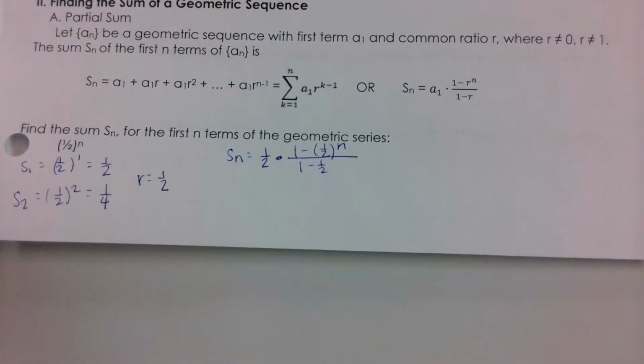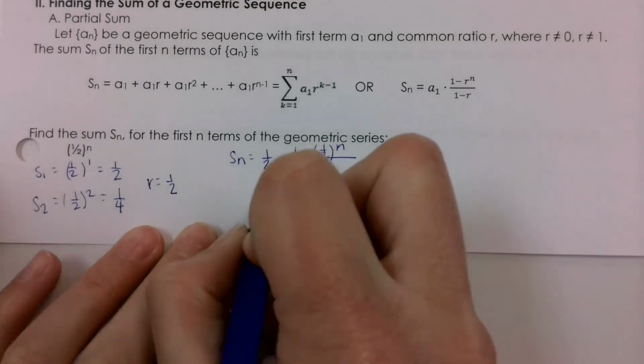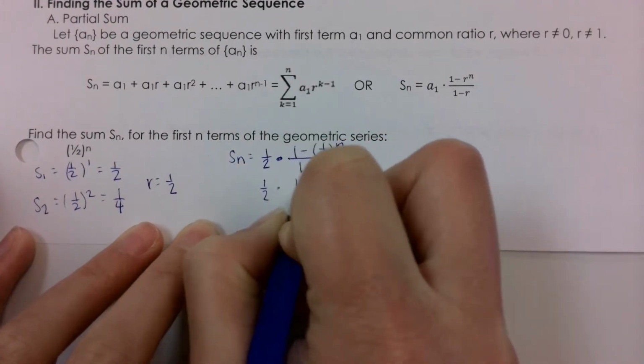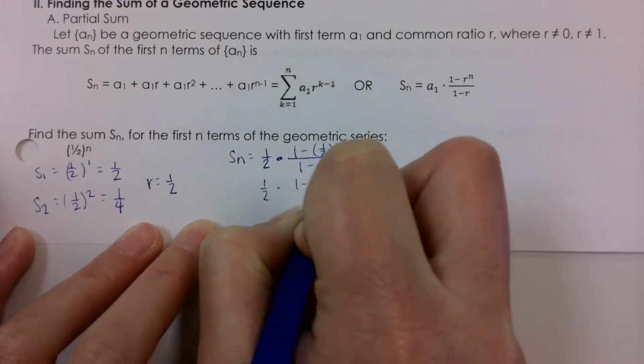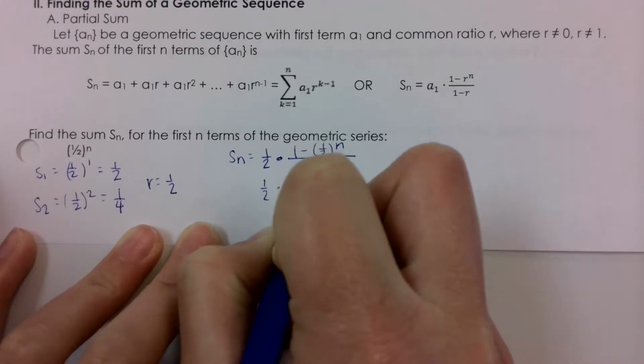Okay? Are we all right plugging into that formula? Know where everything came from and why we put stuff where we put it? So we're going to clean that up a little bit. Can we do 1 minus 1/2? And what do we get? So we've got 1/2 times 1 minus 1/2 to the n all over 1/2.